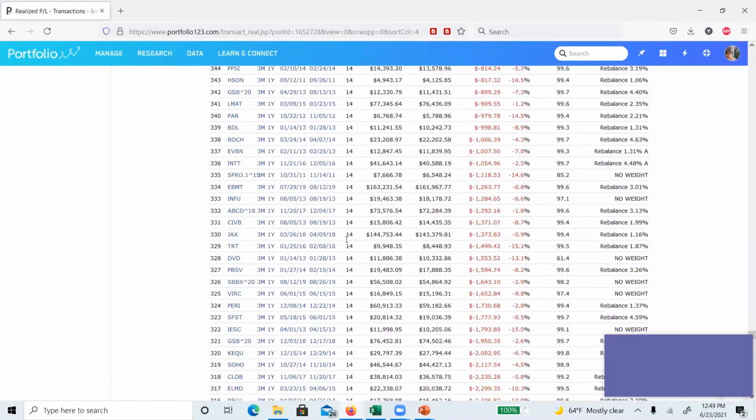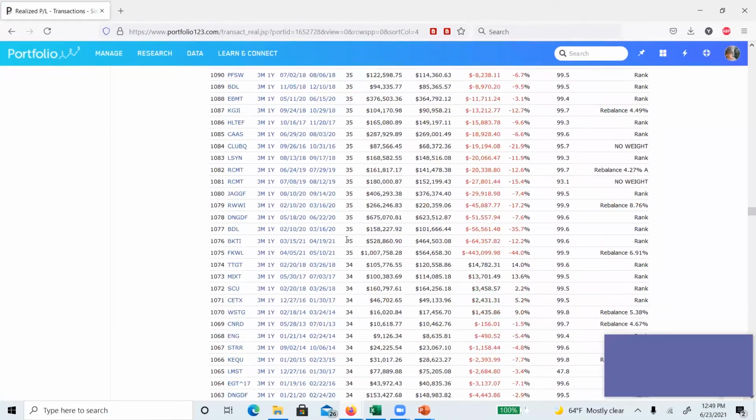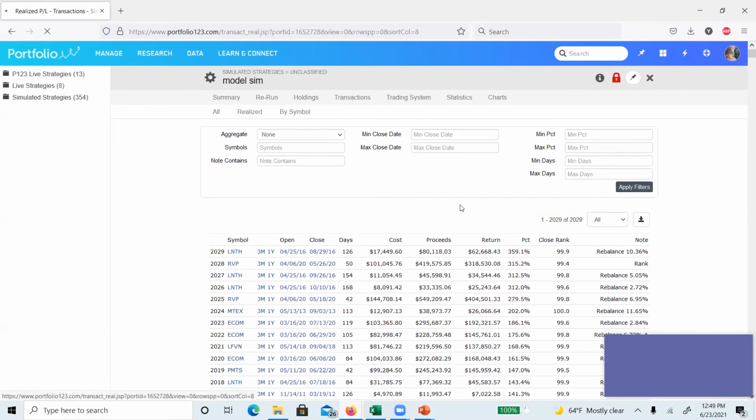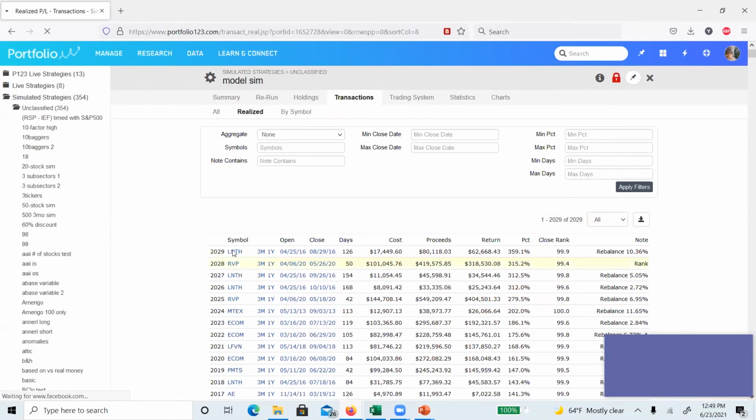Another way to sort is by percentage gain. So here, I'm finding that one stock here, LNTH, is responsible for these huge gains. And I know it because I was actually invested in LNTH back in 2016.